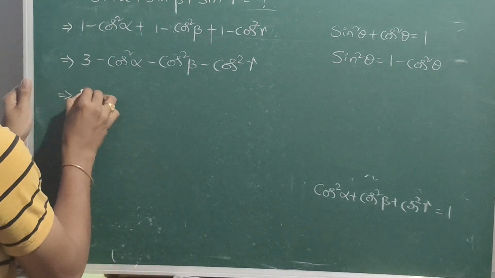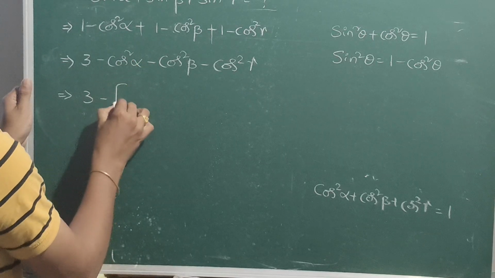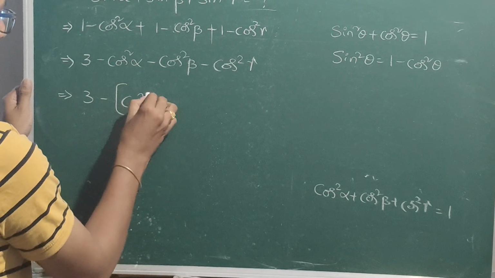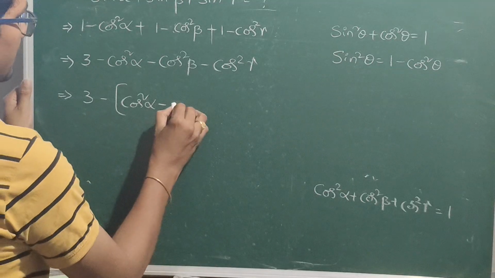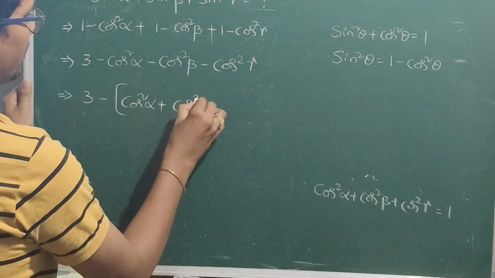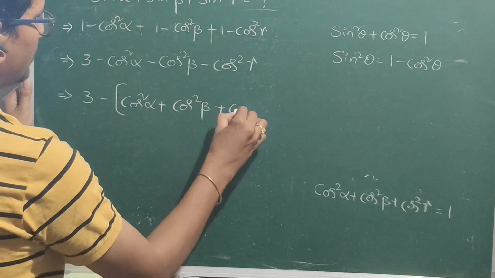Taking the minus common, we write 3 minus cos square alpha plus cos square beta plus cos square gamma.